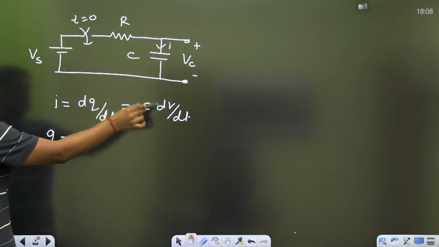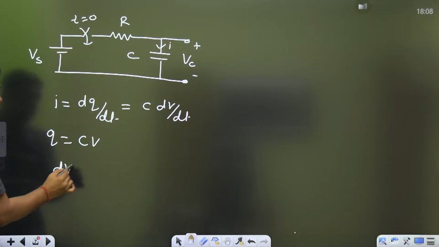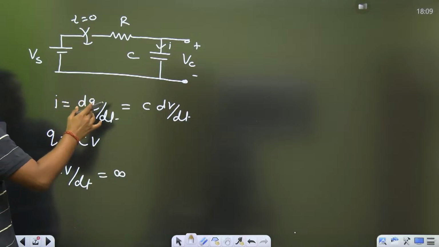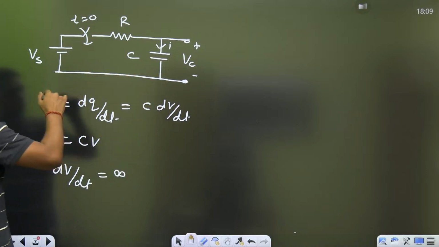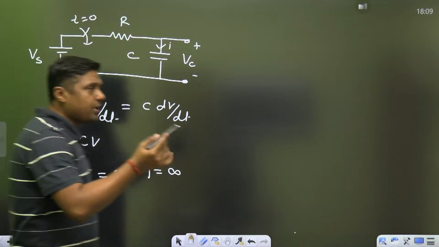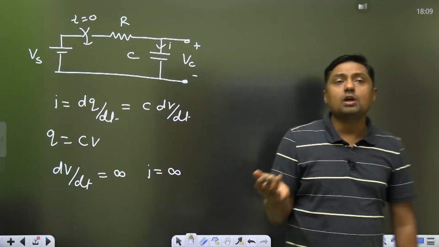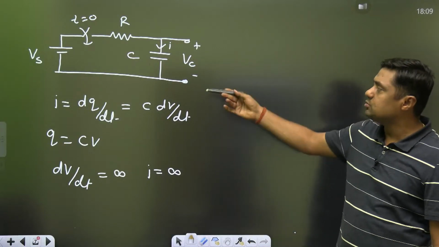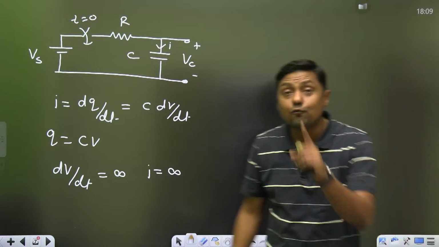If it allowed a sudden change of voltage, what is the meaning of the sudden change? That dV/dt will become infinite. If it is infinity, then what about the current? Current will become infinite. Sudden change means abrupt change. In zero time, there is a change in the voltage. The rate of change will become infinite and then current will become infinite, and that's why it will not allow the sudden change of voltage.